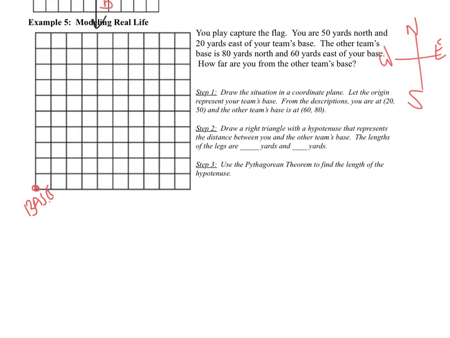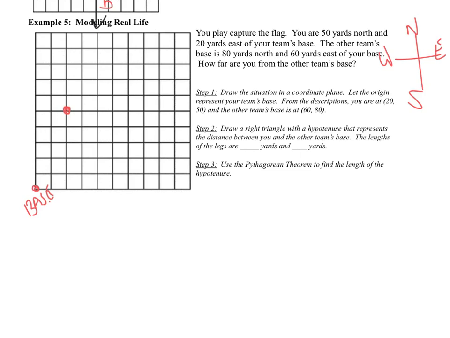So we're going to count by tens. 1, 2, 3, 4, 50 would be here, and then 20 over. So if we go 50 north and then 20 east, we would land here. So here we are sitting.